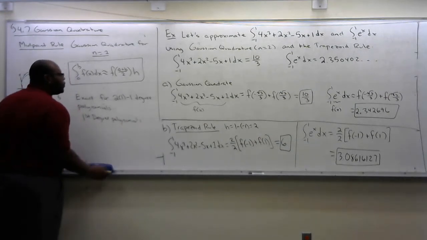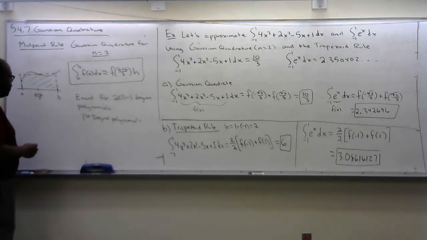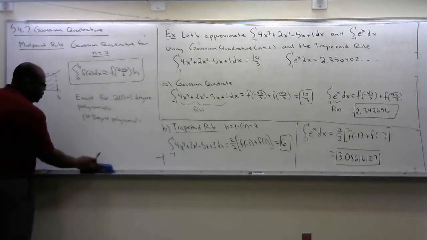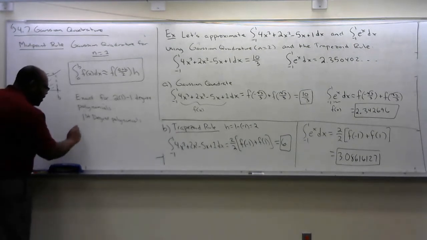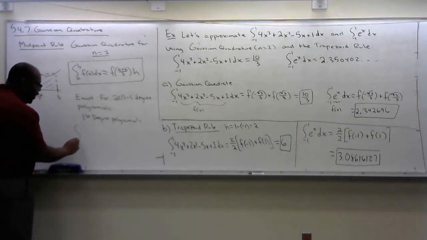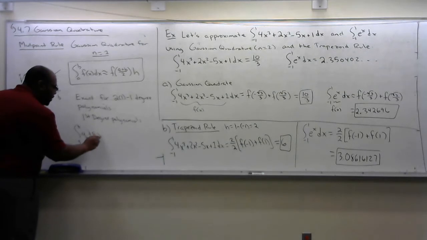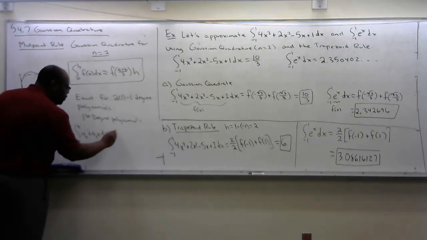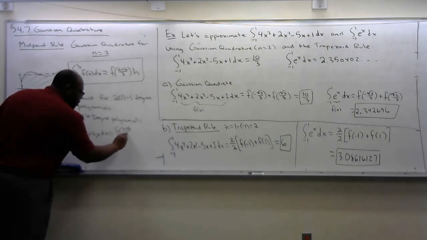When I deal with the midpoint rule, I know that the integral from a to b of a0 plus a1x dx should be equal to f of (a plus b divided by 2) times h.